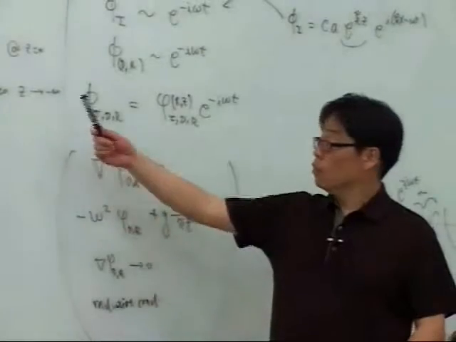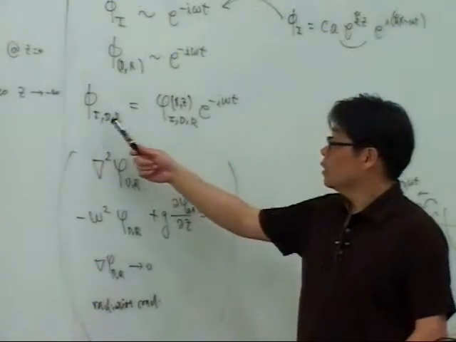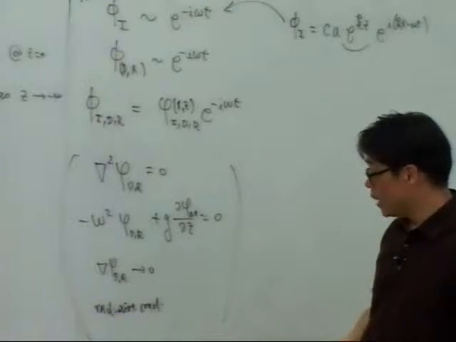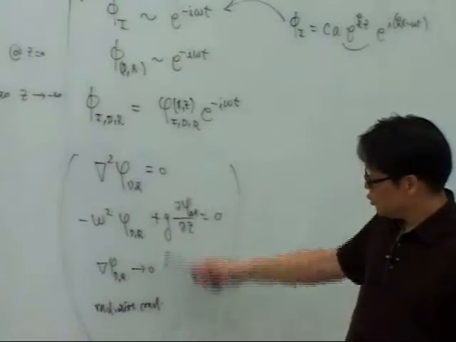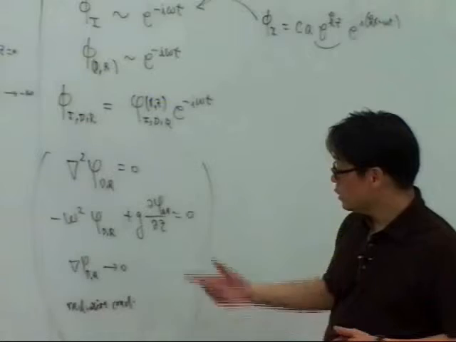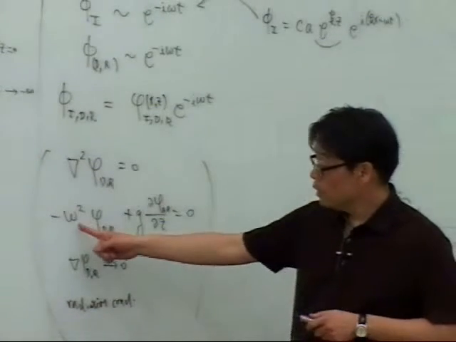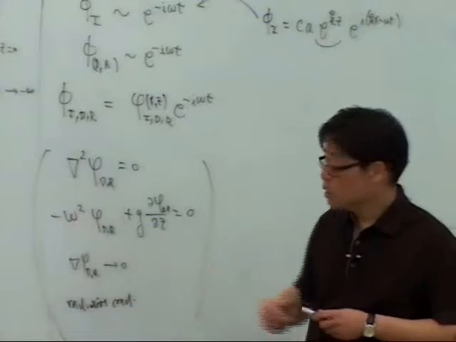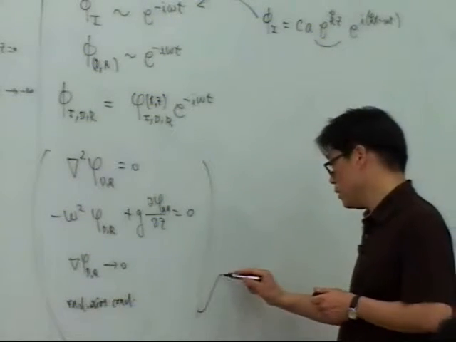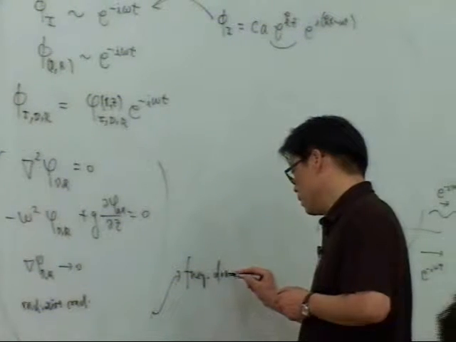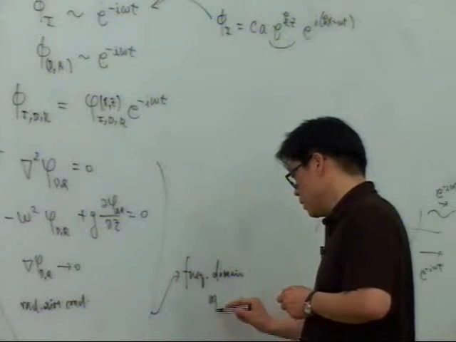So once I assume the velocity potential is proportional to this e to the minus i omega t, then we write this, and then there is no time dependency here. But you see the frequency omega, so this is a frequency domain approach.